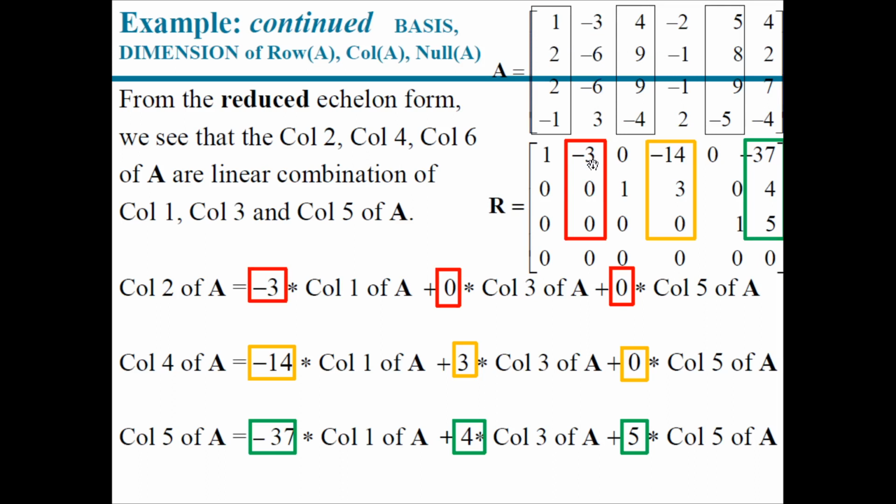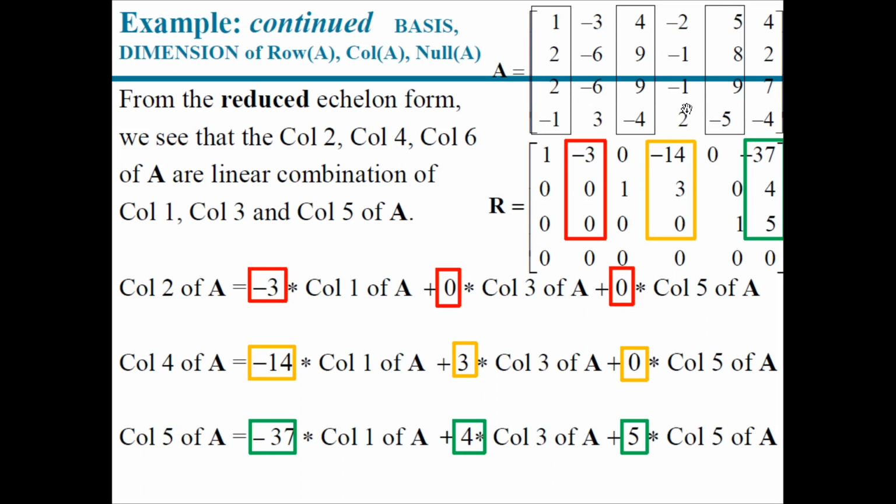What are the coefficients? -3, 0, 0, which means -3 times column 1, plus 0 times column 3, plus 0 times column 5. We express linearly dependent column as a linear combination of linearly independent columns 1, 3, and 5.